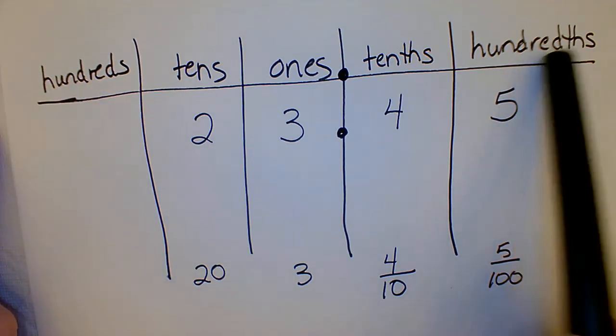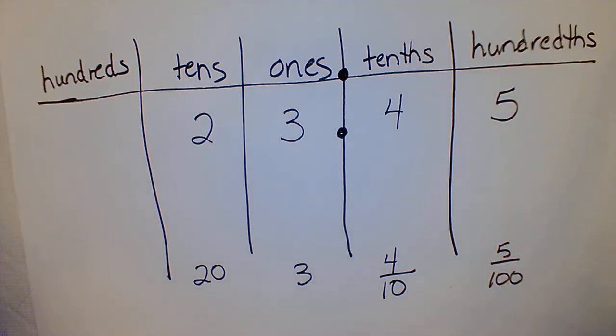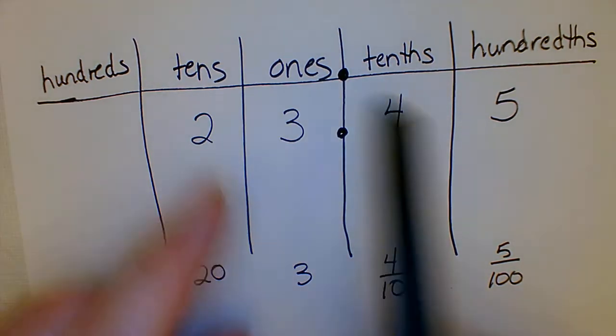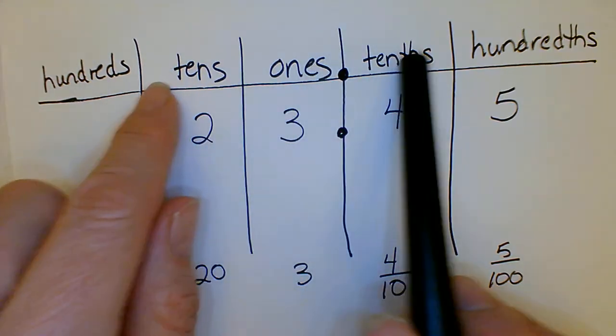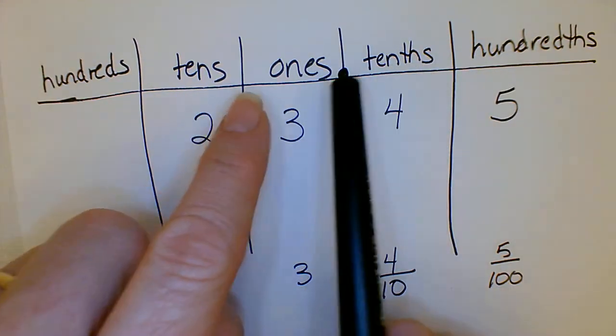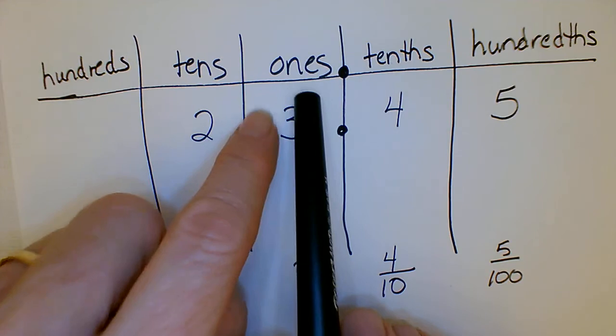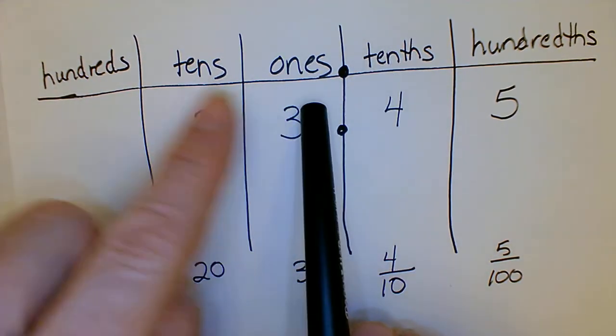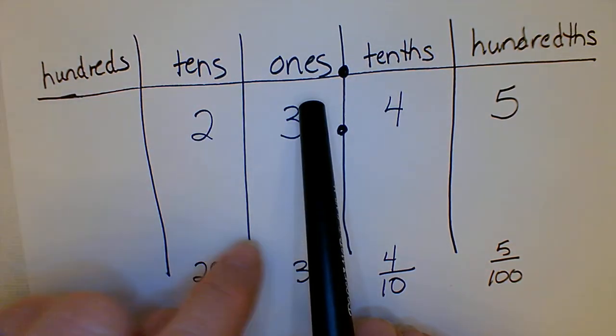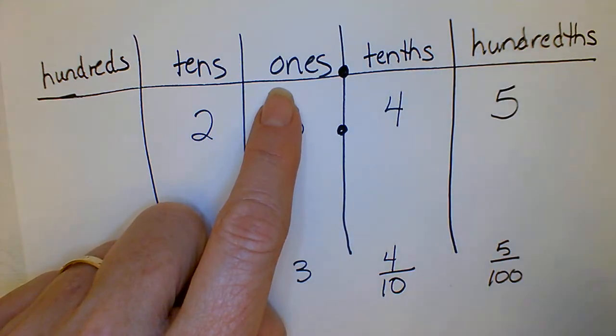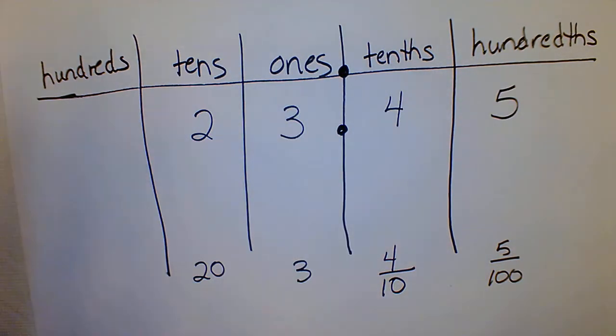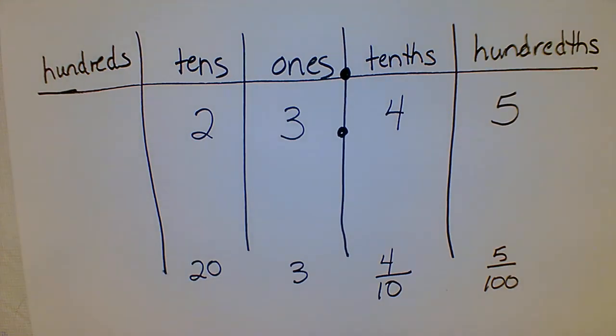Next would be thousands and thousandths, then 10,000s and 10,000ths. So it's always going to be around the ones. If you ever get lost, just orient yourself, find your ones, and if you know your tens, hundreds, thousands, 10,000s, it's going to be tenths, hundredths, thousandths, 10,000ths, and so on. So this should be pretty easy to work with.